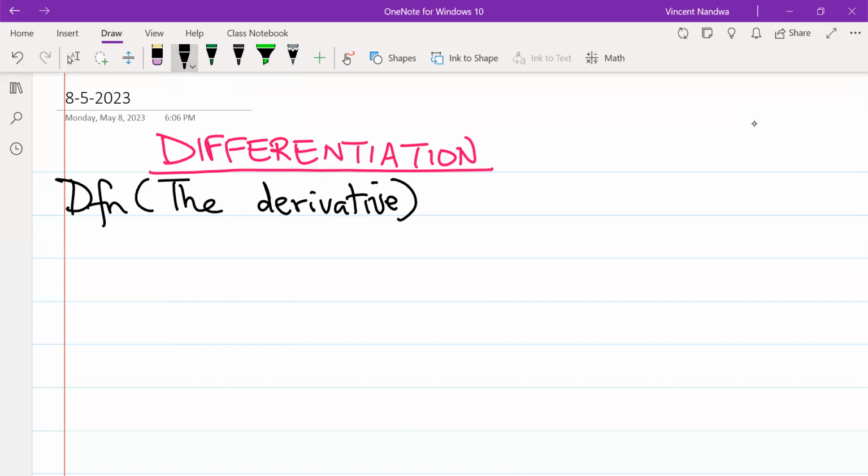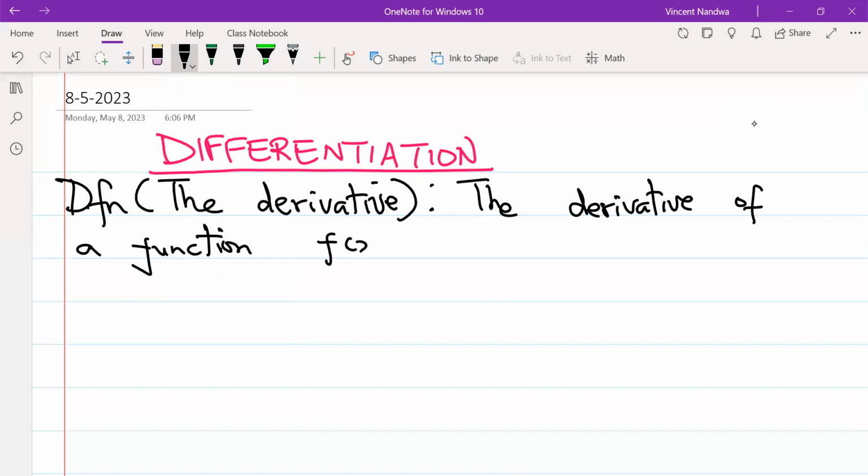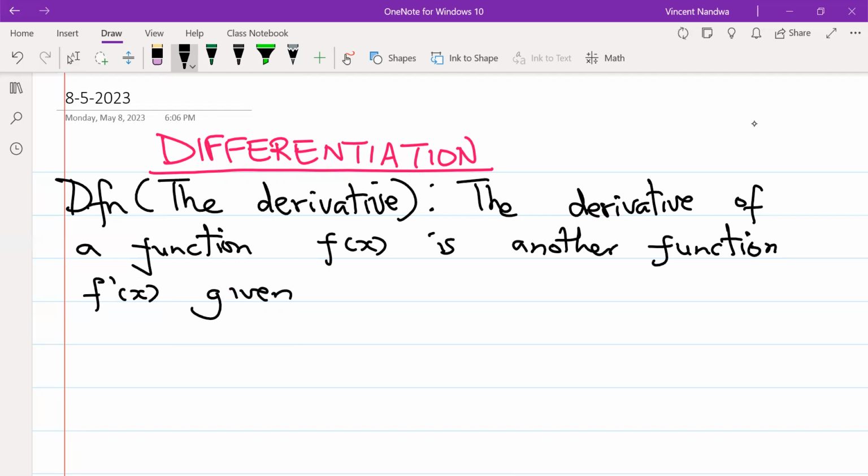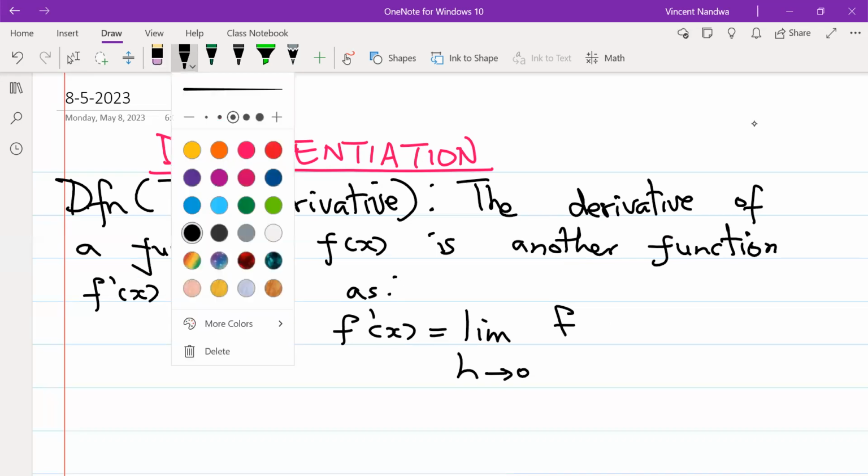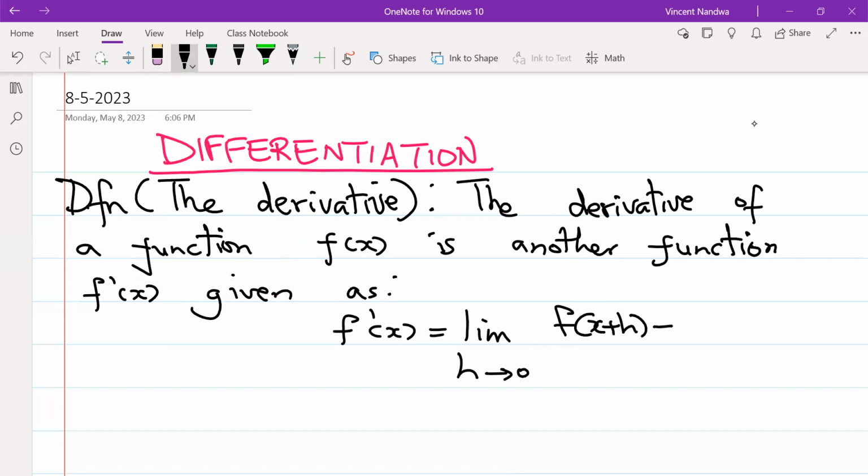The derivative of a function f of x is another function, f prime of x, given as f prime of x equals the limit as h approaches 0 of f of x plus h minus f of x, divided by h, provided that this limit exists.